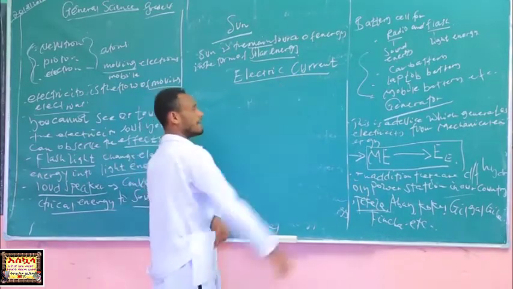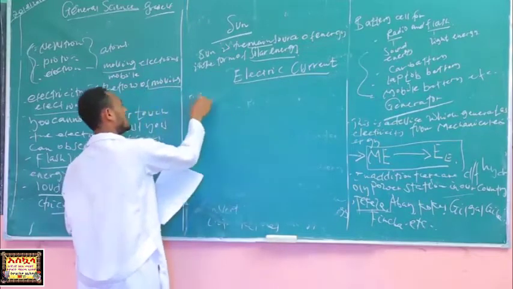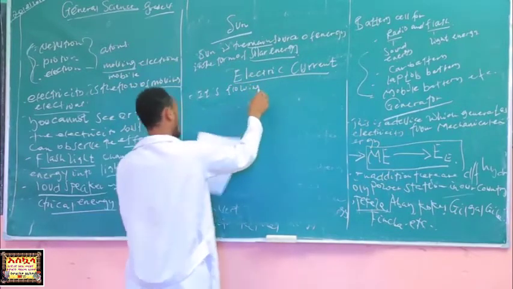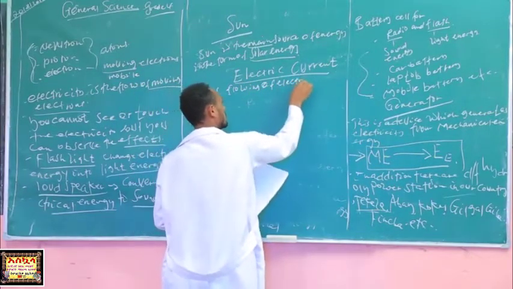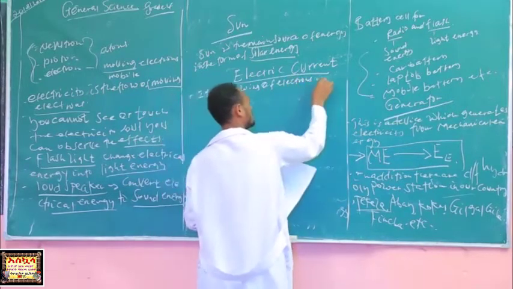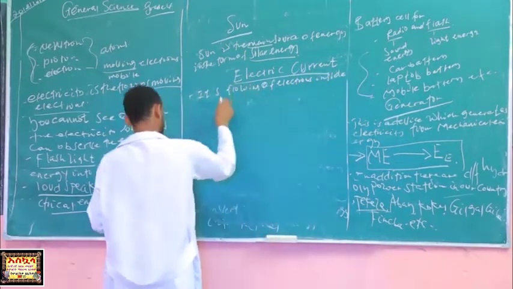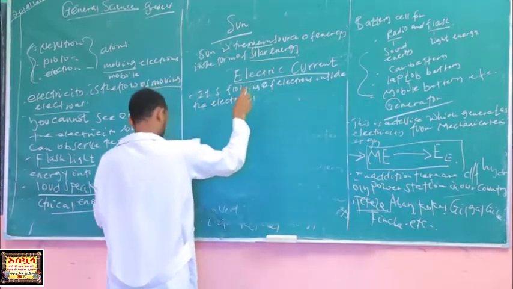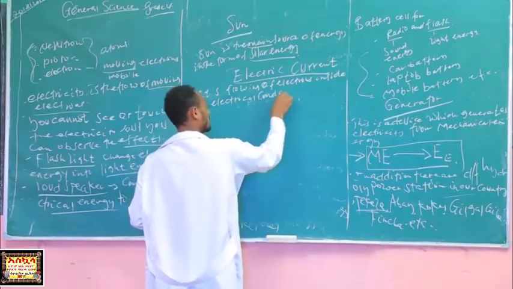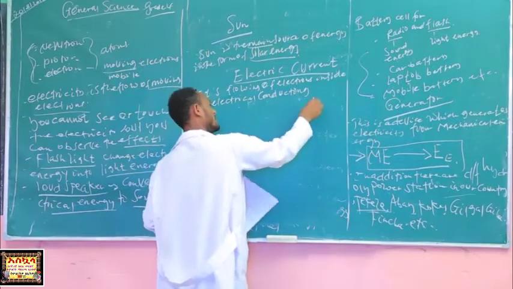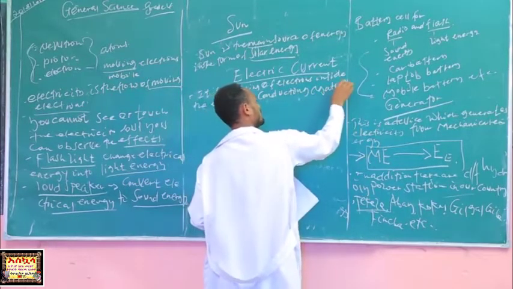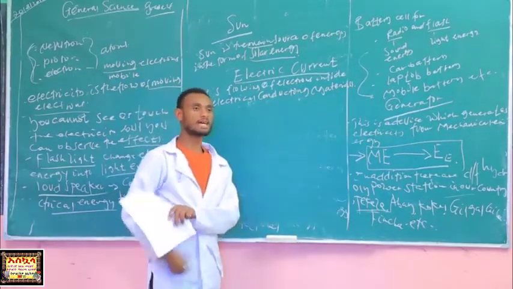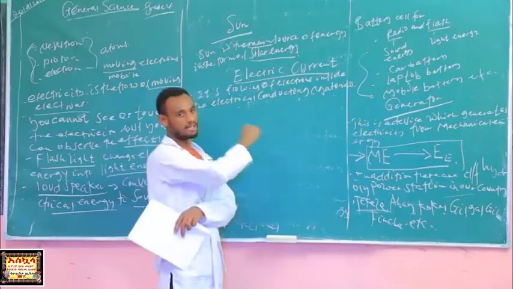It is the flowing of electrons inside electrical conducting materials. Look, electric current is the flowing of electrons inside electrical conducting materials.